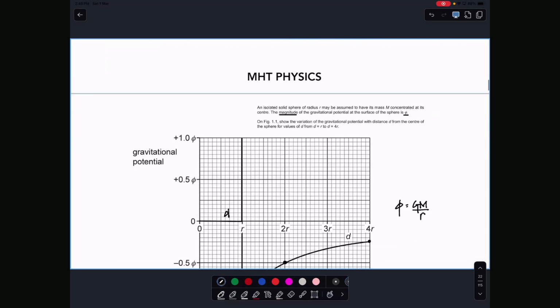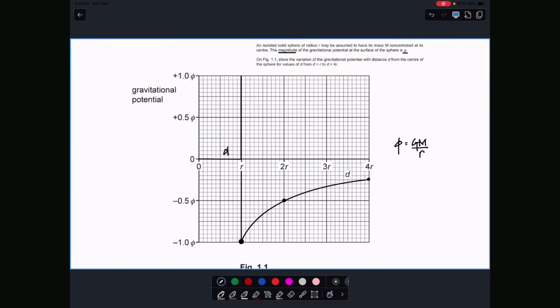This is the May/June 24 paper. So the marks go by this distribution. It says a curve from r to 4r with the gradient decreasing in magnitude, starting at r with plus or minus phi.